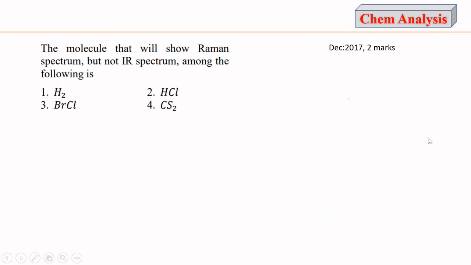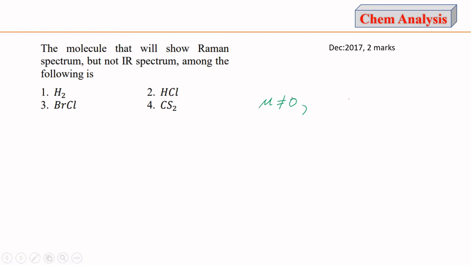Now the next question is a little tricky question. We have to identify the molecule among these 4 which shows a Raman spectrum but not any IR spectrum. That means we have to identify the molecule which does not have any IR stretching bands but shows Raman stretching bands. Is it clear? Now the condition for a molecule to show IR stretching bands is that the dipole moment corresponding to that molecule will not be equal to 0.